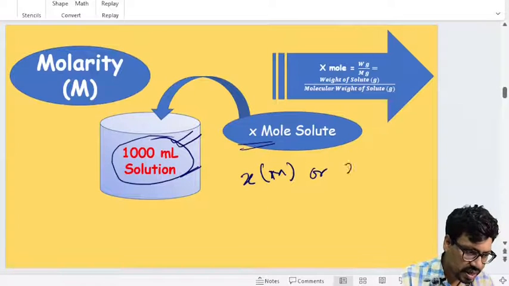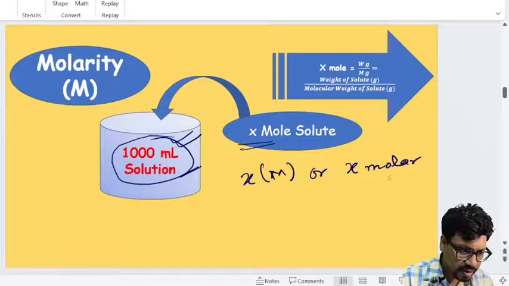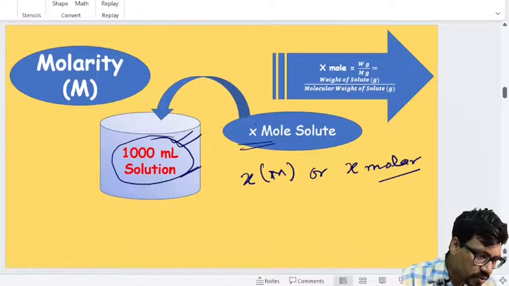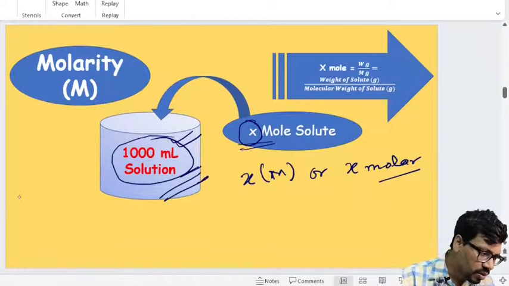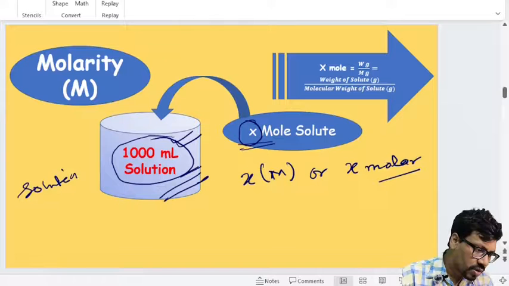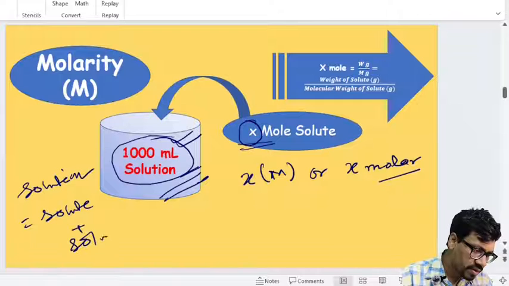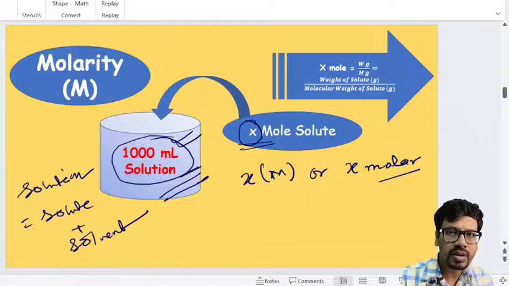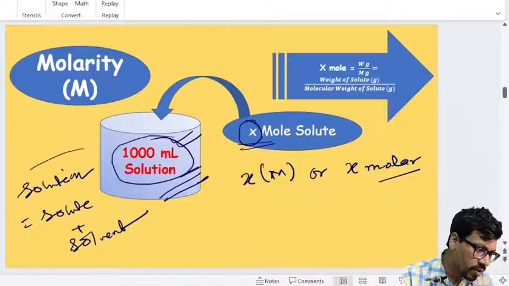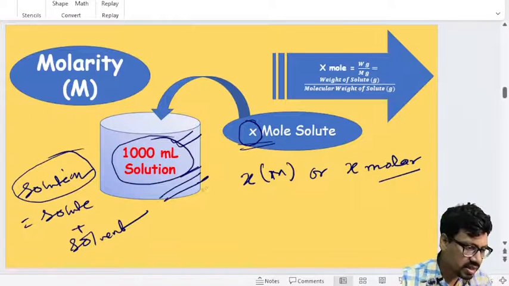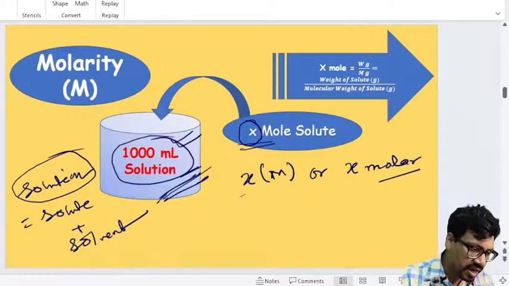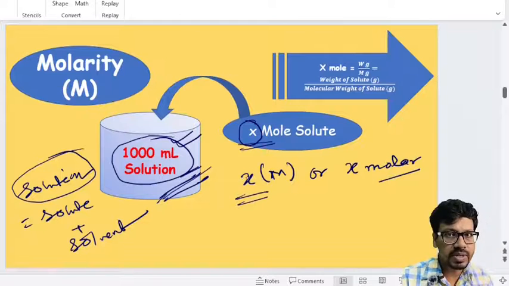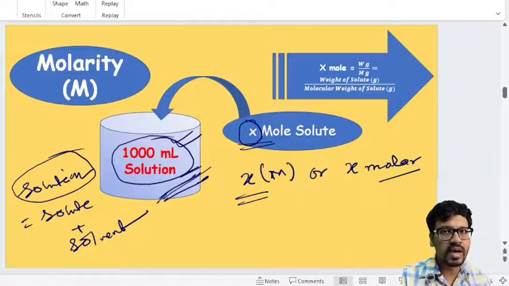Here X mole of the solute is present. This is very important: the solution is a combination of solute plus solvent. So the total volume of the solution is 1000 ml. In 1000 ml solution, if X mole of the solute is present, the concentration is X molar.